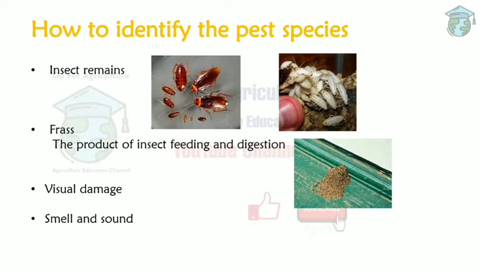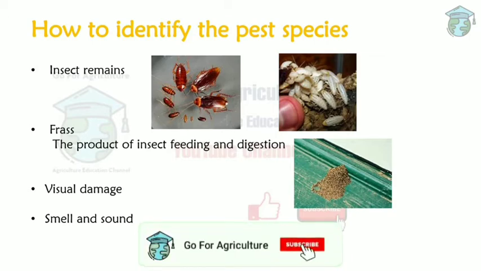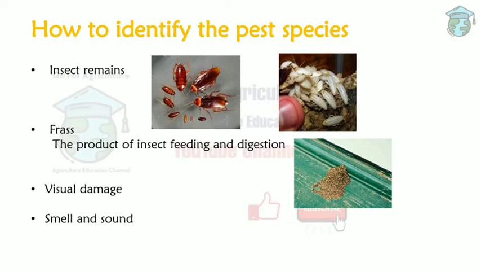For example, in your home, if there is old furniture or wooden structures, there are insects called termites. They start feeding on those old wooden things and convert them into a powdery form. That powdery form is called frass. With the help of that frass we can know, okay, there are termites affecting my wooden thing.